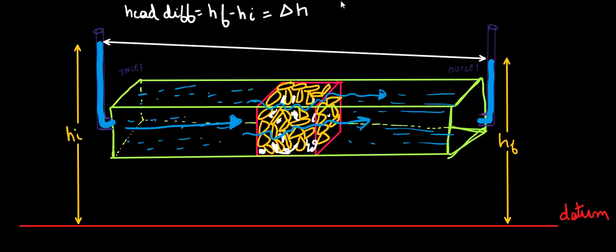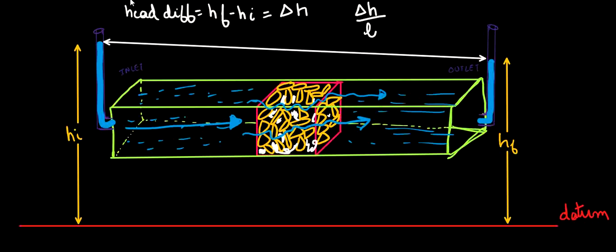So hydraulic gradient is a term that is defined by the effective head, or delta h, available per unit length. So we will be dividing this delta h by the length of the soil sample.